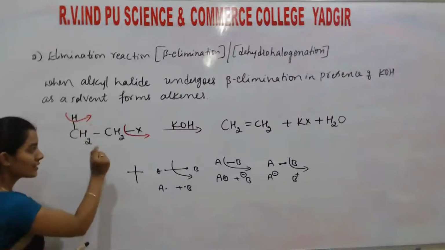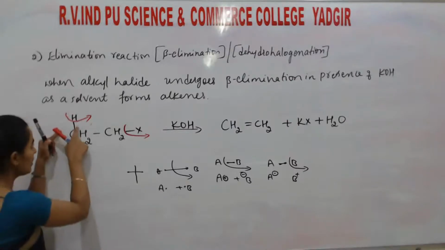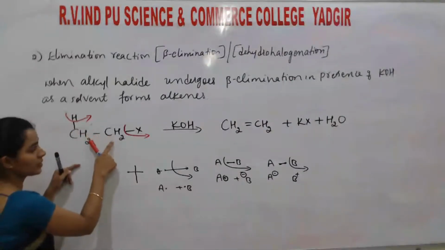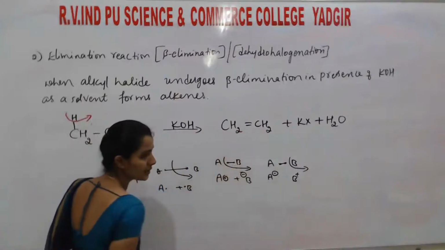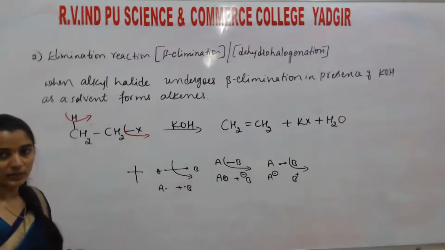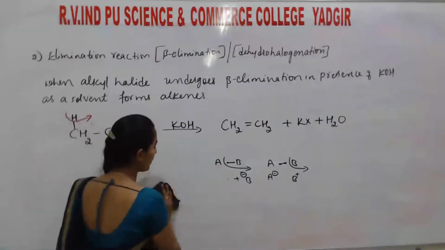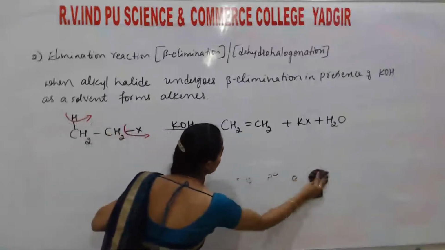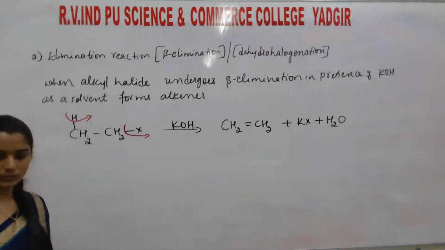This shows the exact cleavage of the bond. Okay, this forms CH2 minus, this forms CH2 plus. So from plus and minus they form CH2 double bond CH2, KX and H2O. This is the reaction. Understand? The representation of the cleavage of the bond is very important. This is a beta elimination. This is the example.